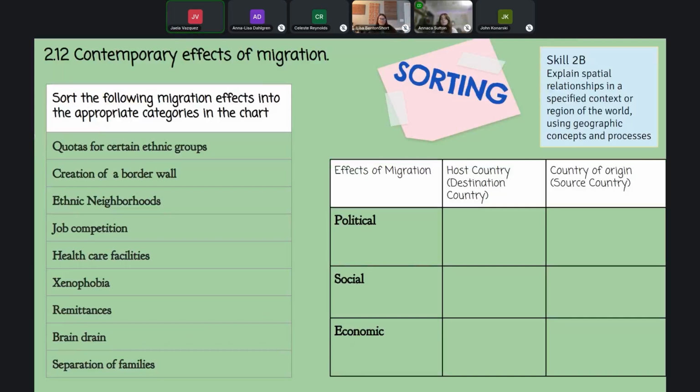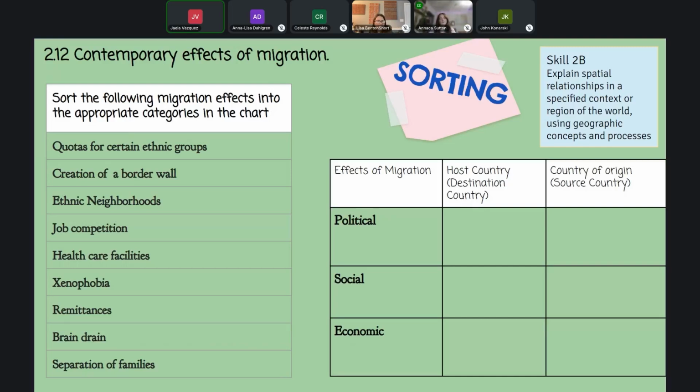Another thing that I really find very helpful for my students is sorting. Sorting is very helpful for them, especially now that they have already learned the content. For example, topic 2 is contemporary effects of migration. And that's a skill, right?